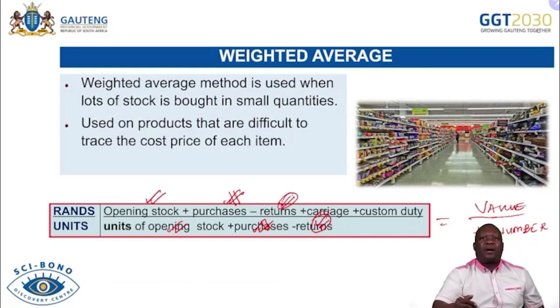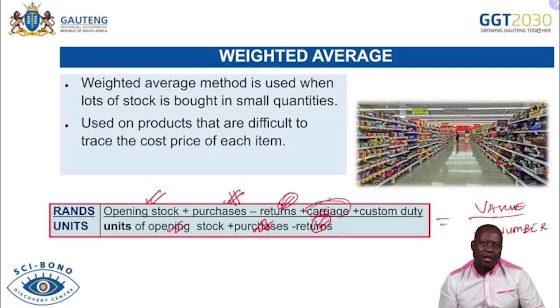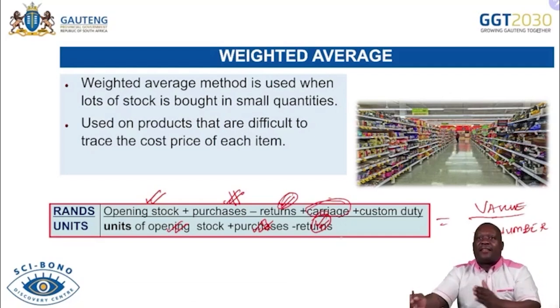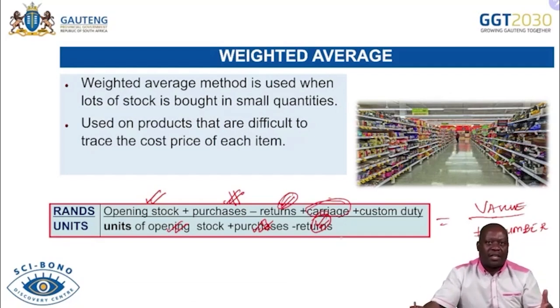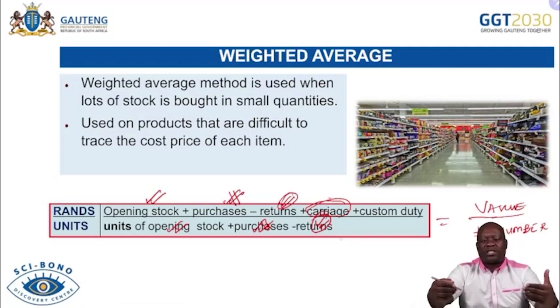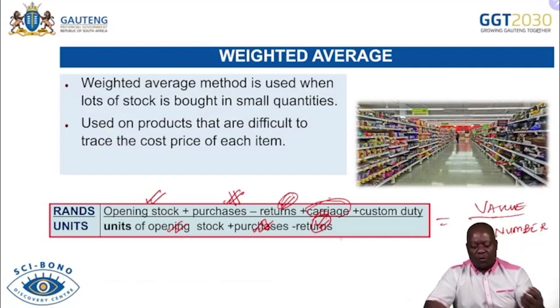But remember, we also need to add the value of carriage. But when you add the value of carriage, it is not going to affect the number. Because if you are ordering 1,000 units and you carry them, it doesn't mean they are going to be 1,010. So when it comes to carriage, it only affects the upper part, which is the value, and it's not going to affect the bottom part, which is the number of units.